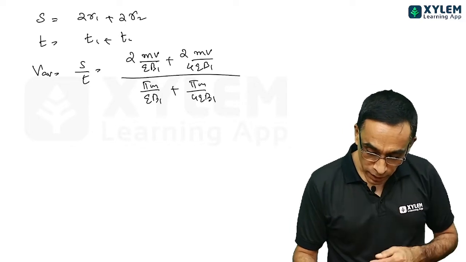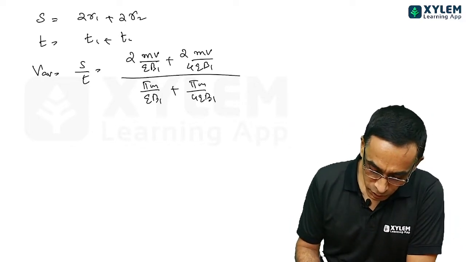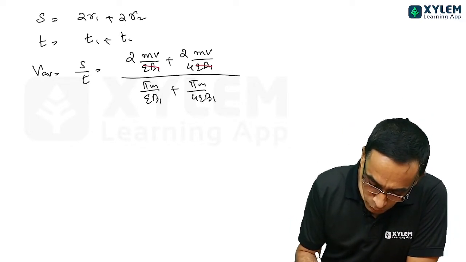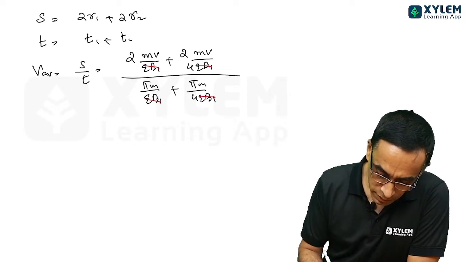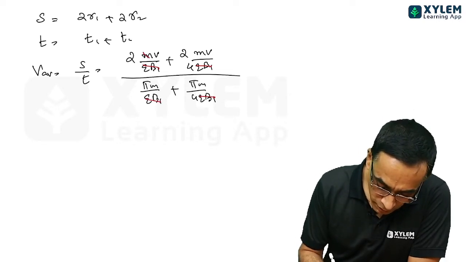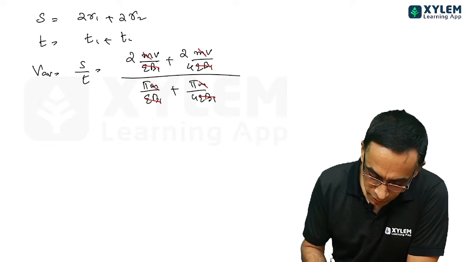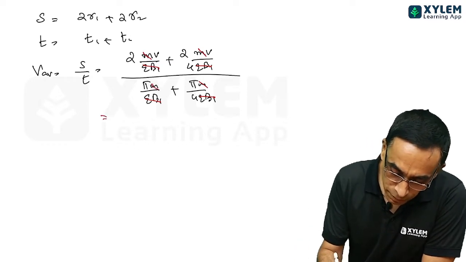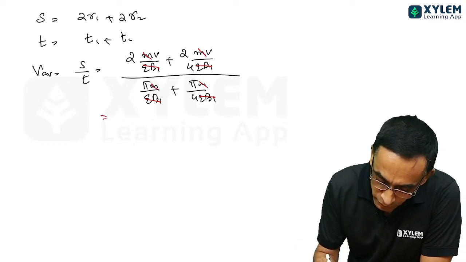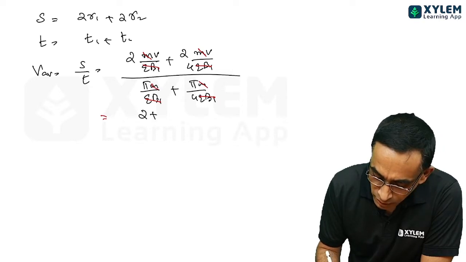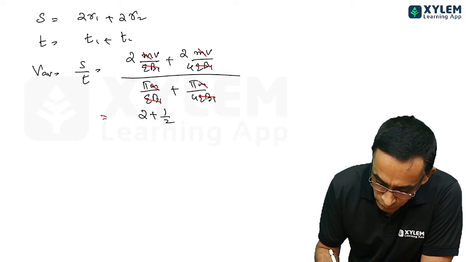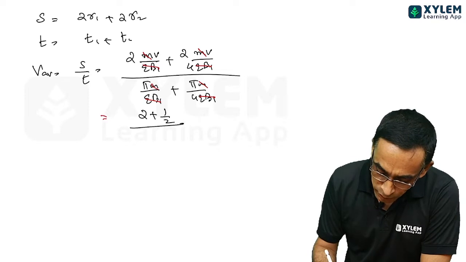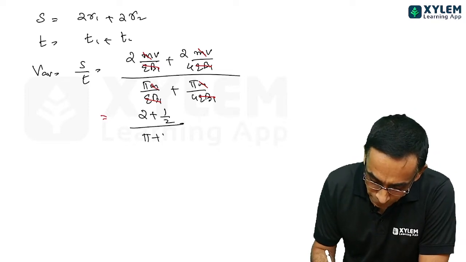Immediately you can see that so many terms are common, so they can be cancelled. The qB1 cancel, the m cancel. What do you get on the top? 2 plus 2 by 4, that is 1 by 2, divided by, at the bottom, pi plus pi by 4.